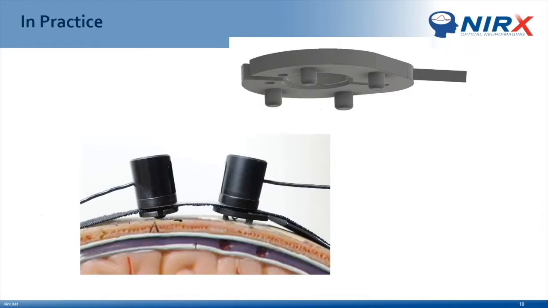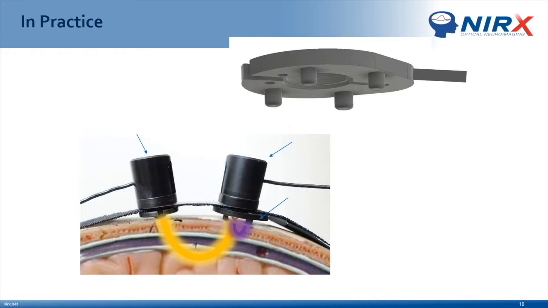And let's see how it looks in practice. You can see that this is our standard detector, an LED source. Both of them make a standard channel. Around this source, we place our short detector clip, making a short channel with the source.